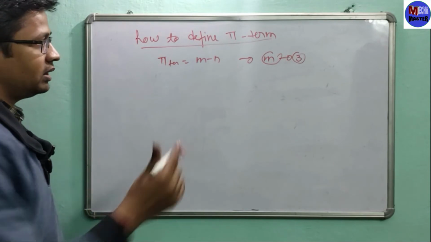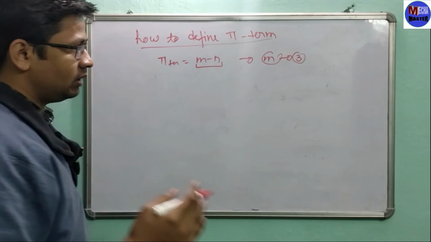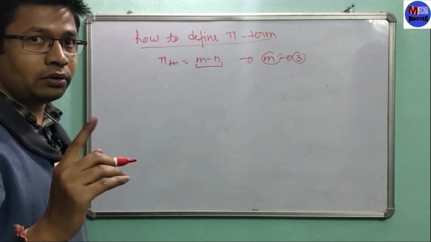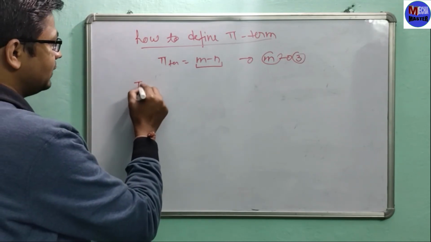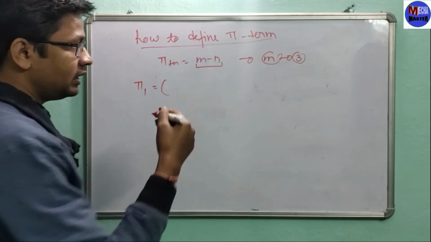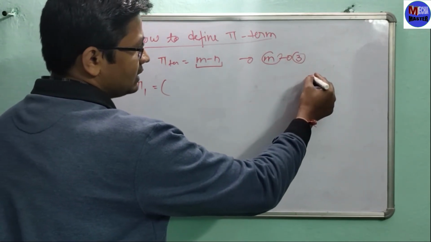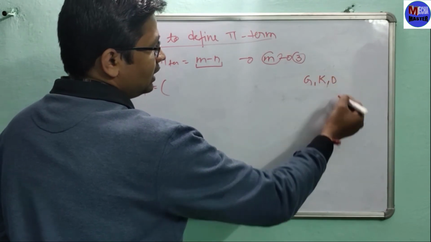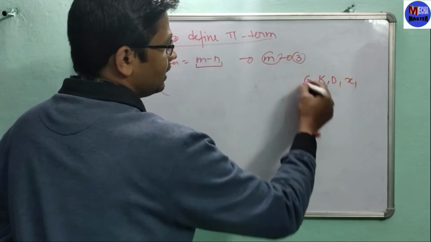Some variables will be left, and those will be non-repetitive. So pi 1 will have the repeated variables that I will write as geometric g, kinematic k and dynamic d, and the extra term will be written as x.